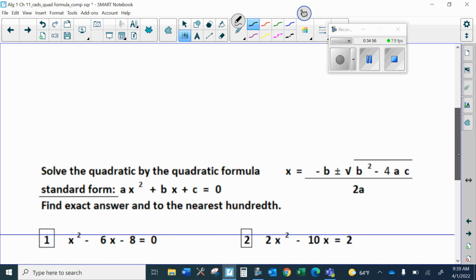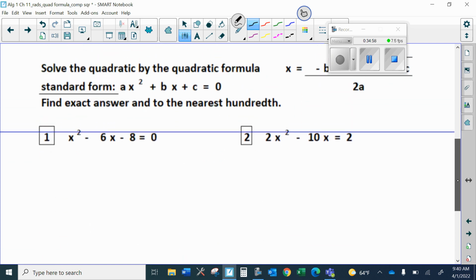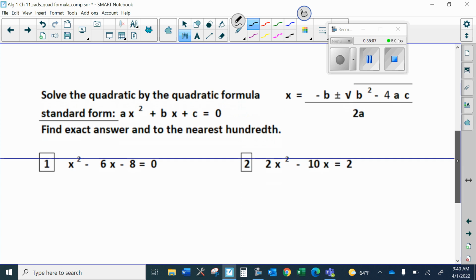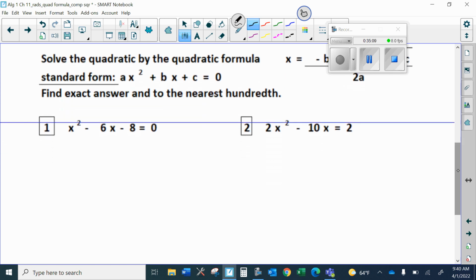All right, last section is called solve a quadratic by quadratic formula. Now, I pointed out last week when we were reviewing quadratics, remember, sometimes we could factor that quadratic and get the x-intercepts, and go right through nice numbers like this.